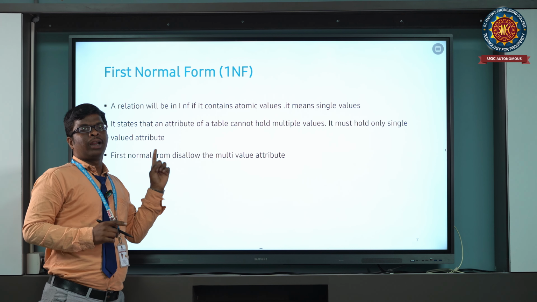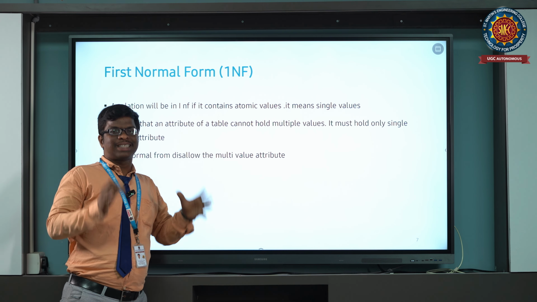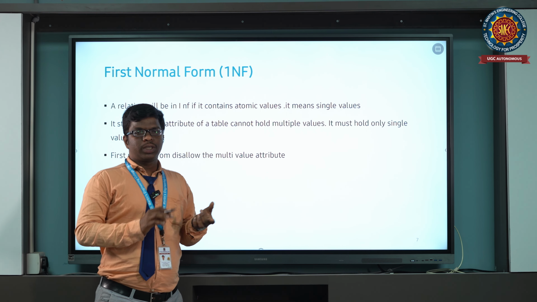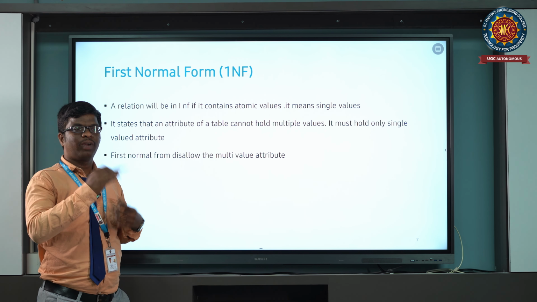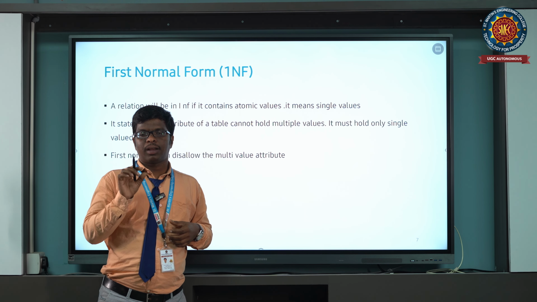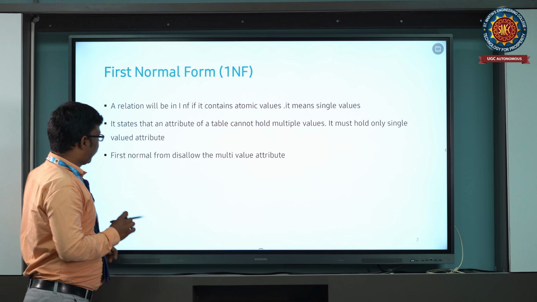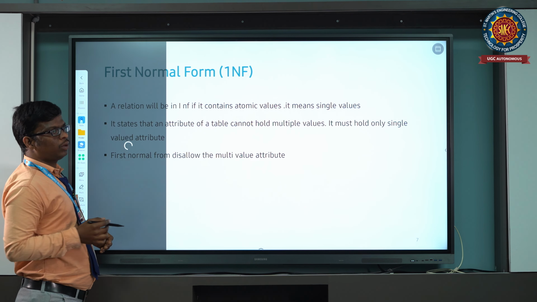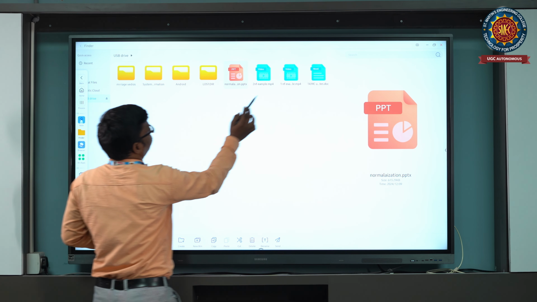Simply, first normal form means using only atomic values, which are single values only. If there are multiple values in the database, it is not supported, and that is not first normal form. Here I will show what the first normal form is with an example, then you can understand 1NF.